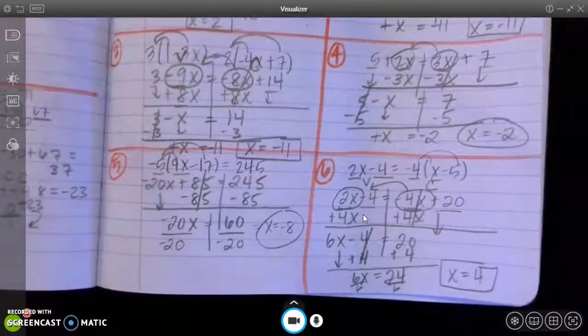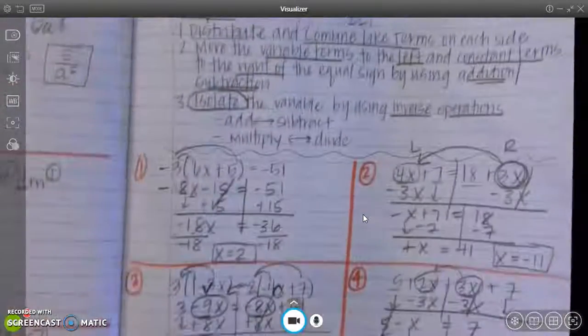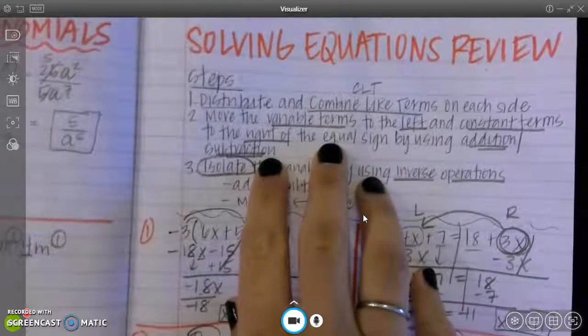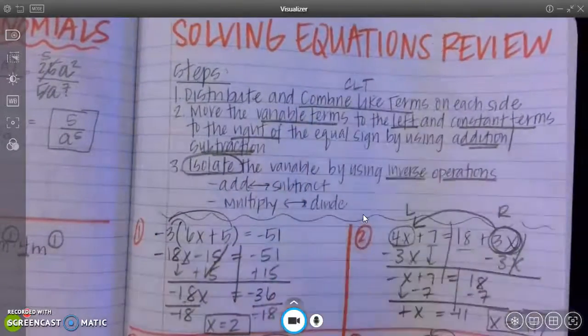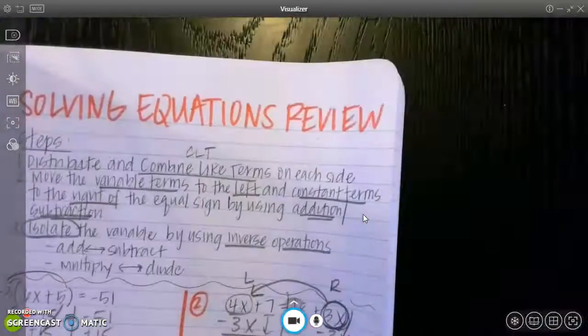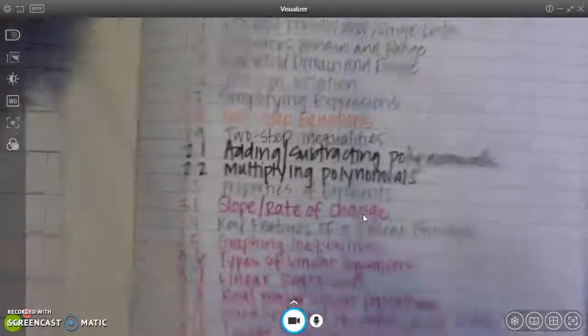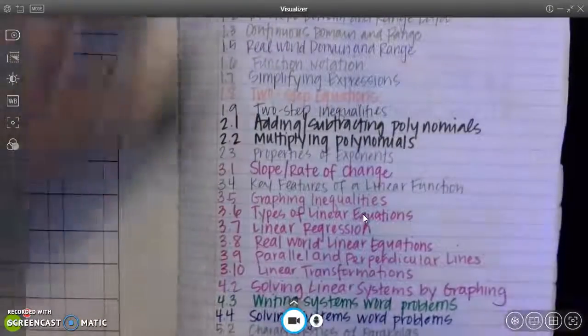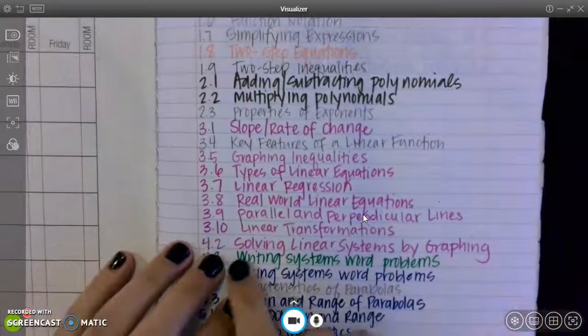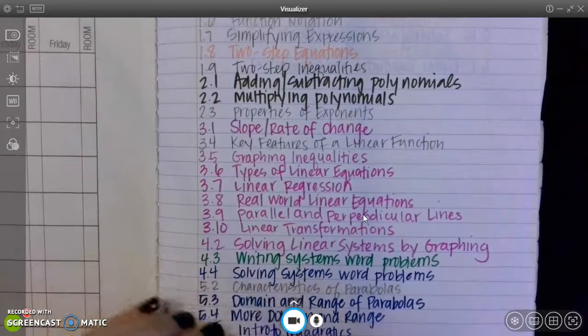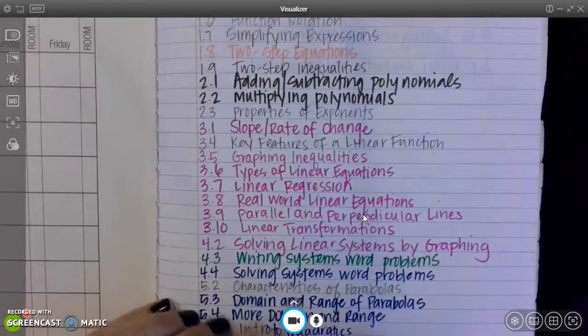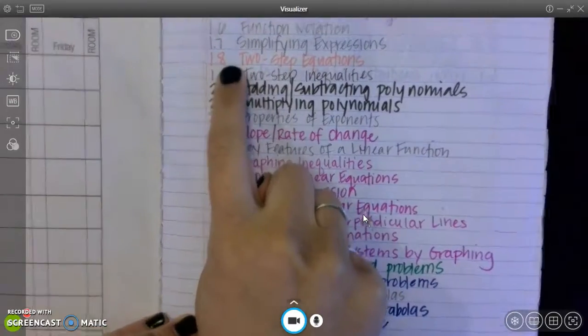Now this was all review, guys. That's why I included these notes here for you to take down. Do not be lazy and write these down. When you write them down, you remember it. But I also wanted to draw your attention to, if you do have your journals, where you can find the notes that we did originally on this, which would be on 1.8, two-step equations.